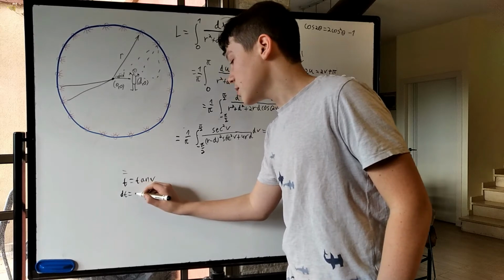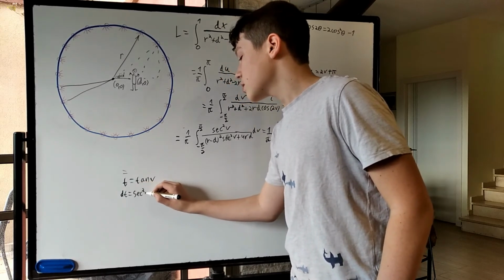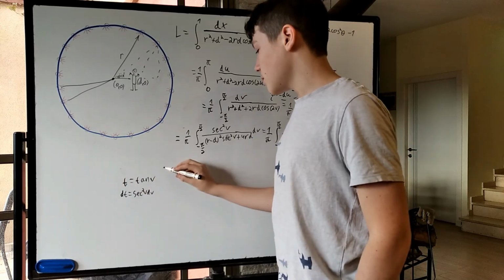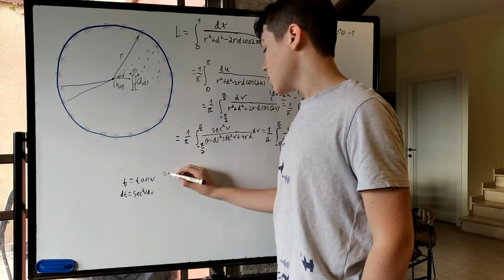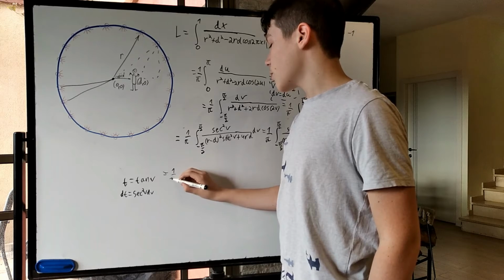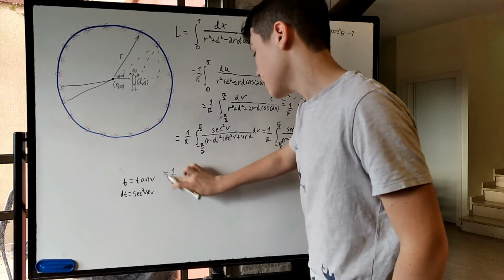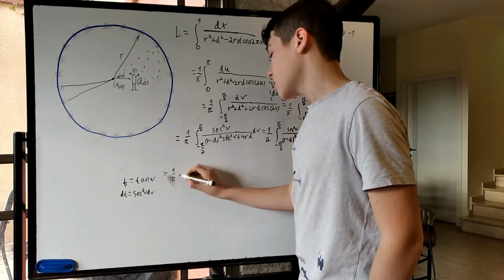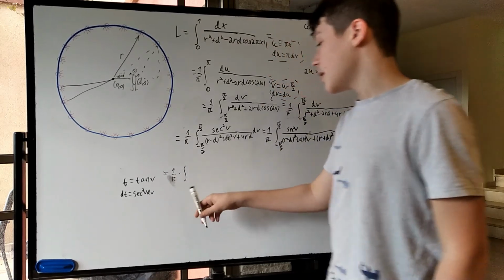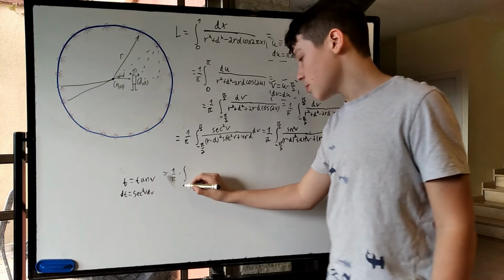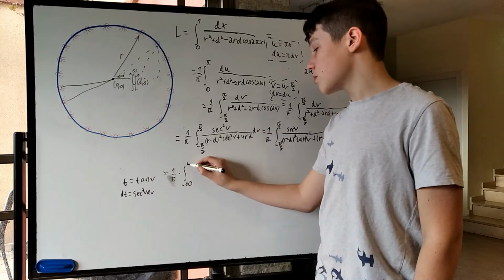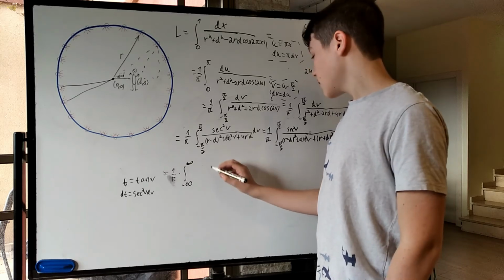And now here, dt is secant squared v dv, and this is going to equal 1 over pi times the integral. Now, tangent negative pi over 2 is negative infinity. Tangent of plus pi over 2 is plus infinity.